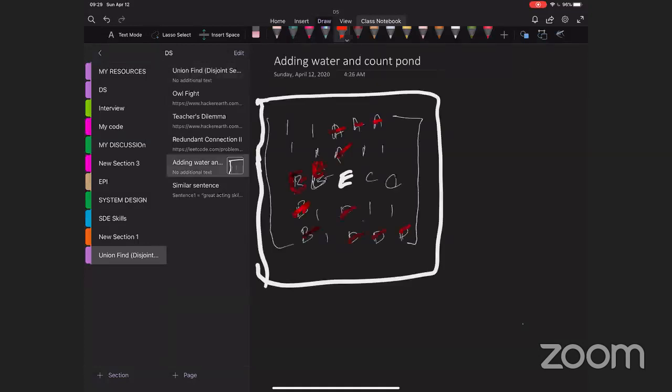In the example of adding water and counting ponds, every time we make any point water, the whole structure changes, and either all become connected, or only a few of them stay connected, right?